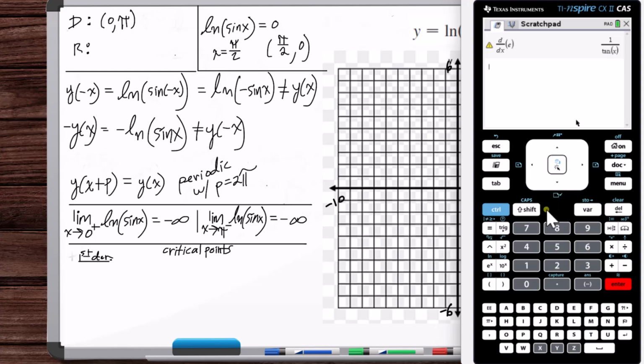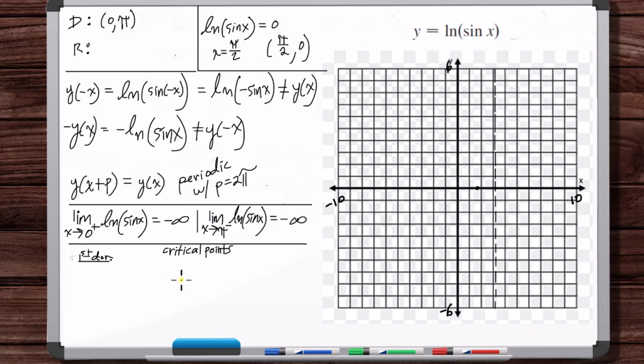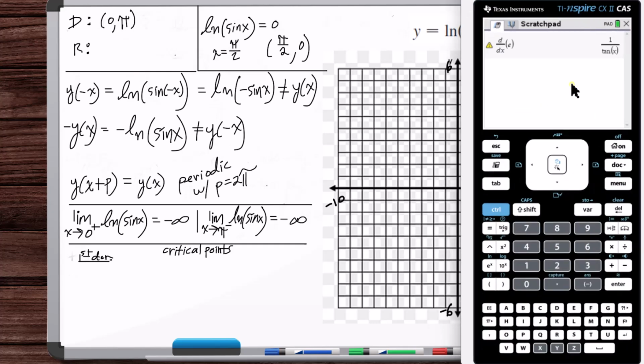There's nowhere where the first derivative is going to equal 0, but where does tangent x equal 0? From the unit circle, you think of it as cosine of x divided by sine of x. When x is equal to 0, that's not going to be a critical point because that's at an endpoint. So we're just looking away from the endpoint. Is there anywhere else?